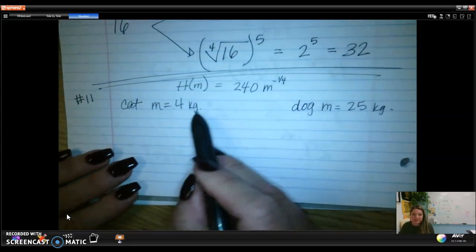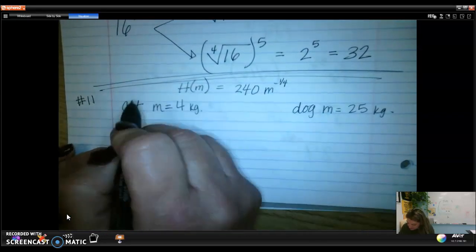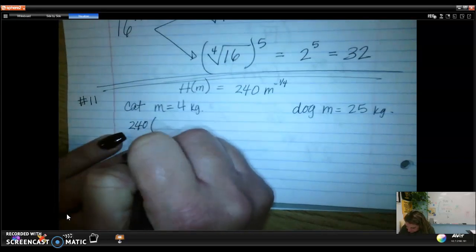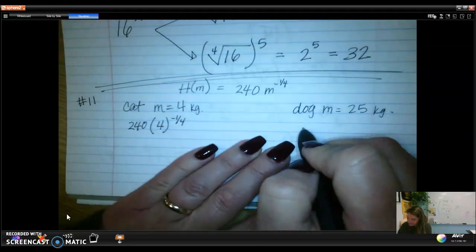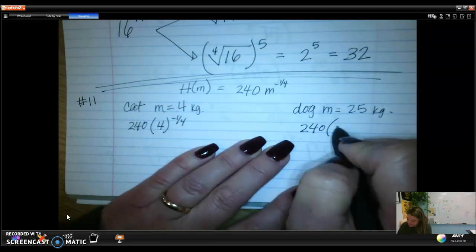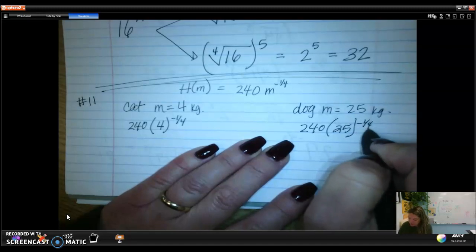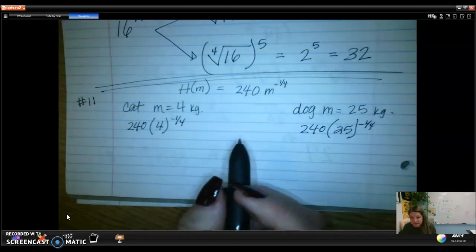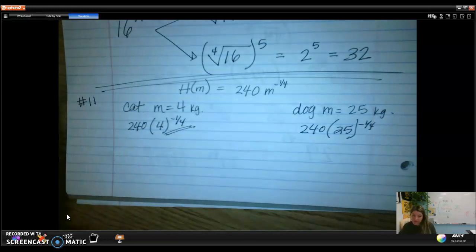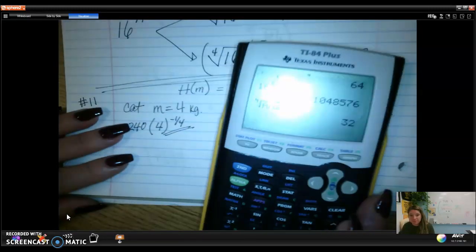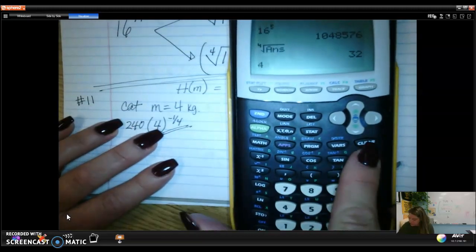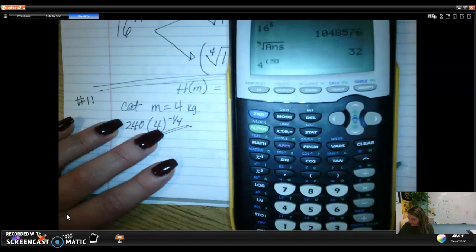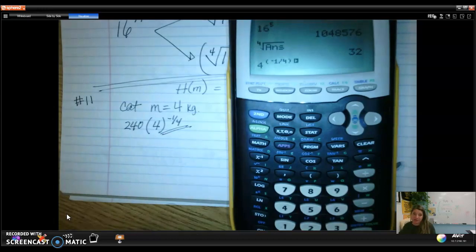So I'm going to go ahead and plug these masses in and solve. So we're going to do 240 times 4 to the negative 1/4. And then I'm going to do 240 times 25 to the negative 1/4. Now listen, order of operations, you have to do exponents first. I caution you when you type this into any calculator that you have, put in and figure out what negative 1/4 is either first or put it in parentheses.